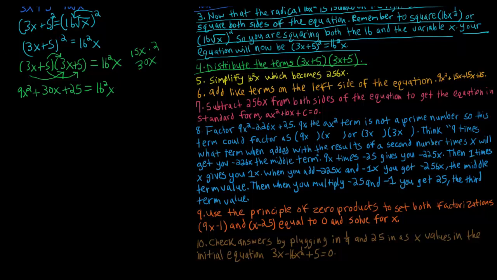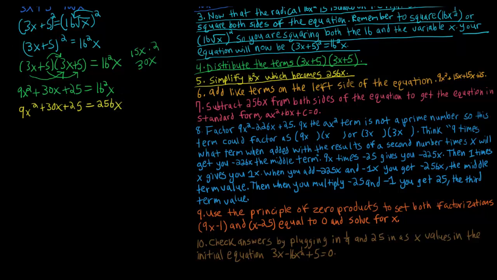And now for step 5, simplify 16 squared x, which becomes 256x. So we have 9x squared plus 30x plus 25 equals 16 squared x. 16 times 16 is 256, then we have x.